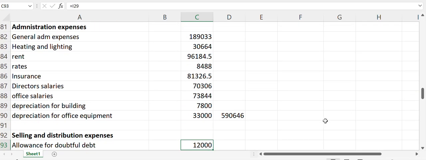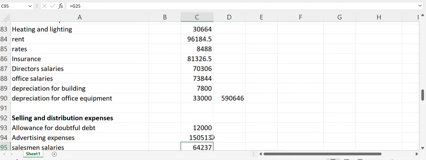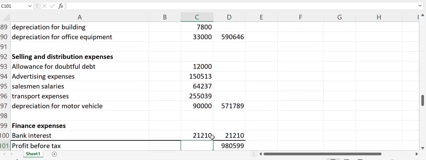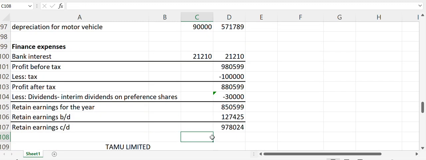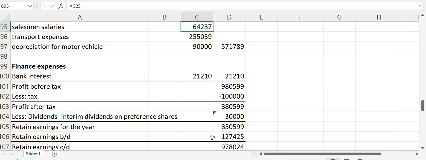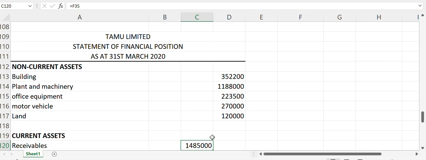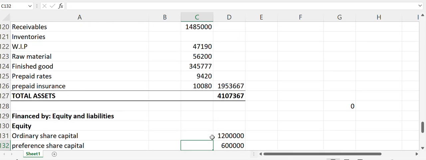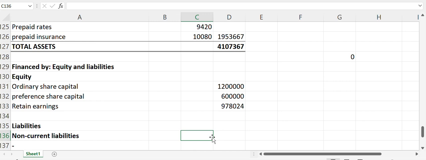Yeah, so that means this figure will change to that. That will change almost everything there. Let's see. So that one also affects our retained earnings.